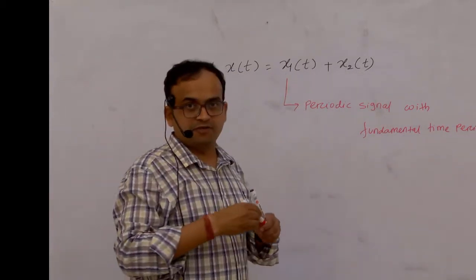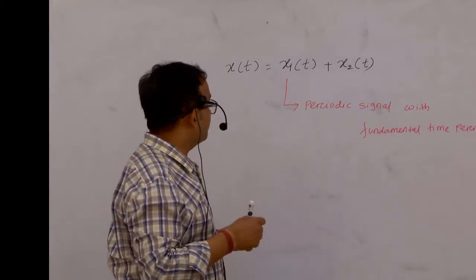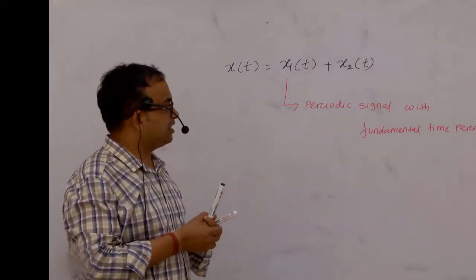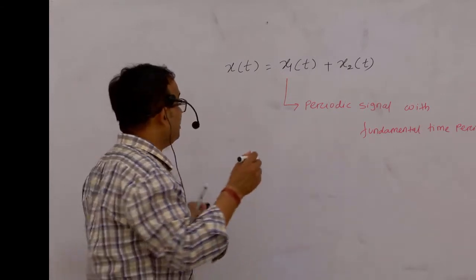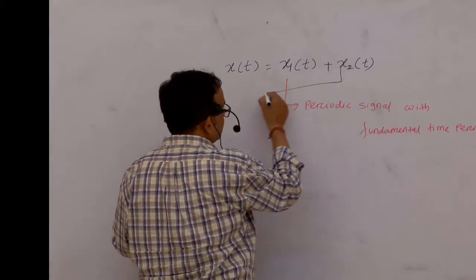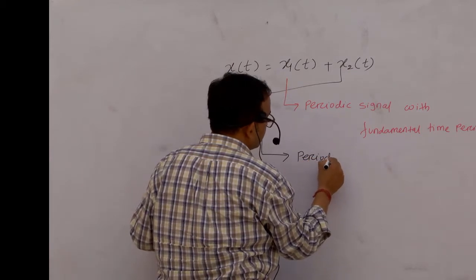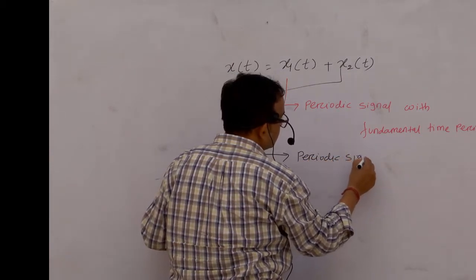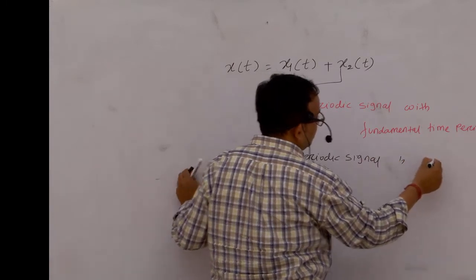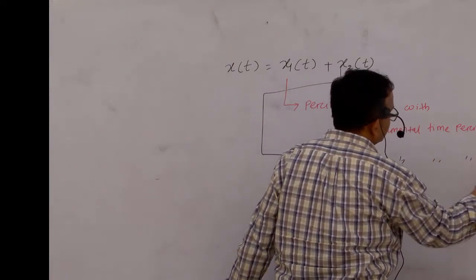We have assumed that. Similarly, x2 of t is also a periodic signal with fundamental time period equal to t2.